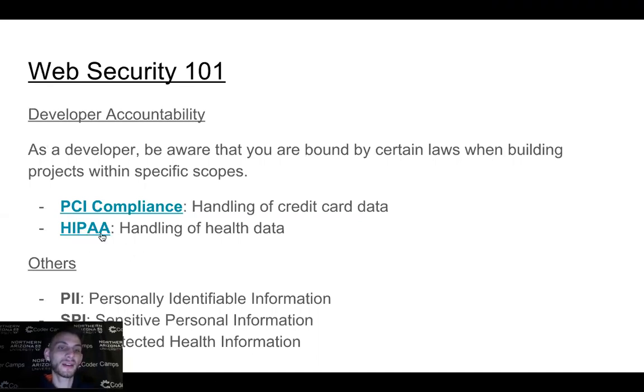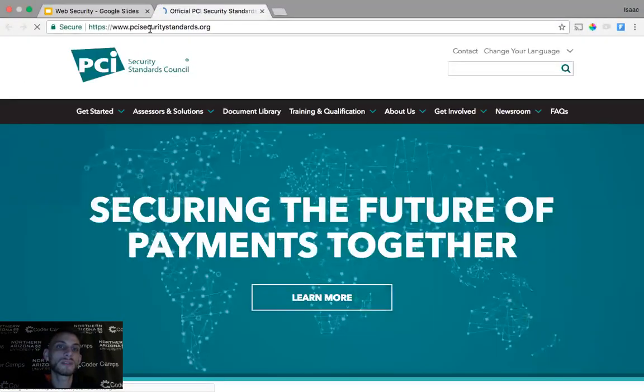And then HIPAA, you probably heard of this before you even got into software. This has to do with health information. So if you're building software that handles health data, make sure that you are up to date on the latest specs regarding that. For PCI compliance, you can go to pcisecuritystandards.org.